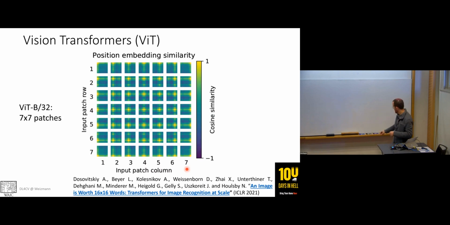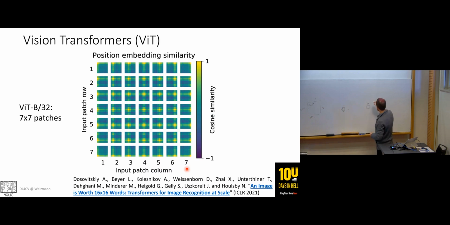Yes. So we have an image, 224 by 224 pixels. And this is ViT base patch 32. So we break it into 32 by 32 patches, and we have 7 by 7 of these, from 1 to 49.